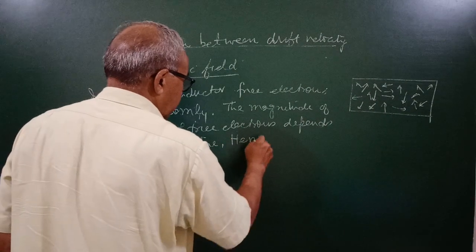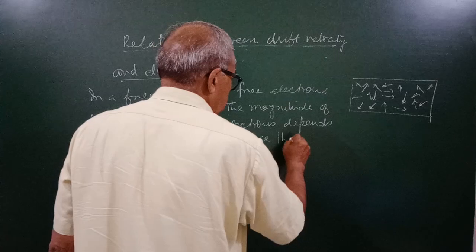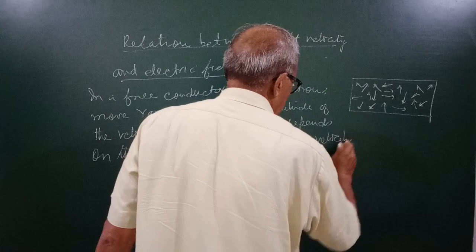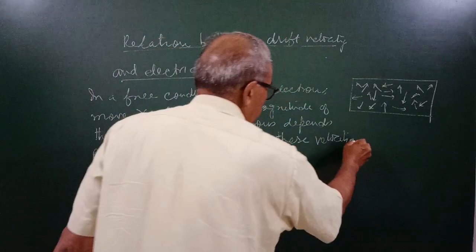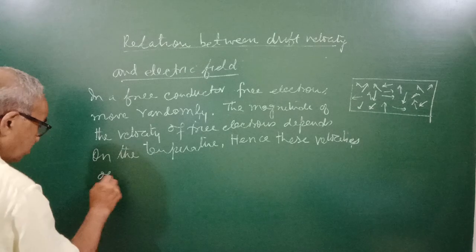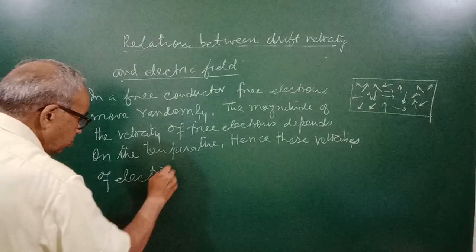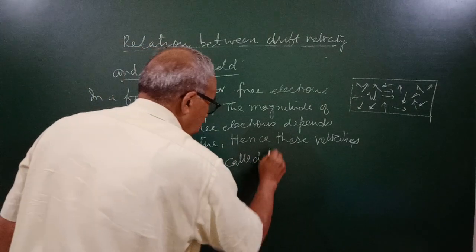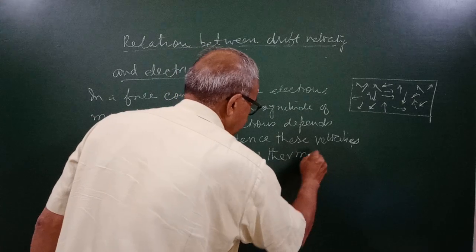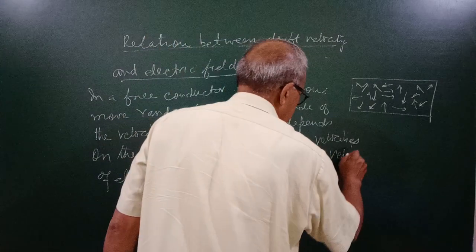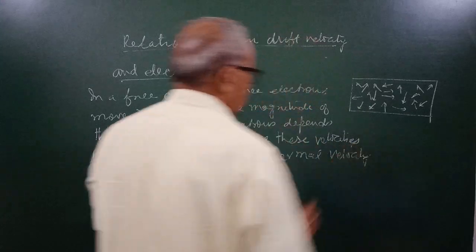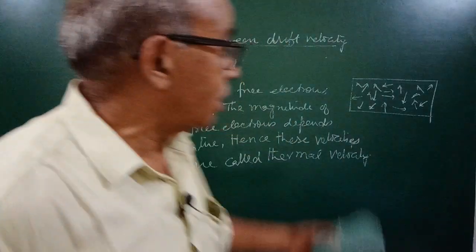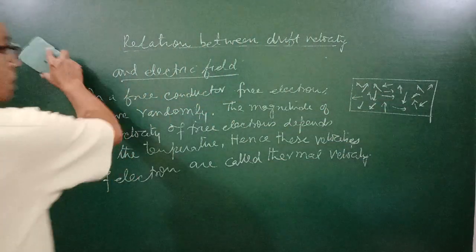Hence, these velocities of electrons are called thermal velocity. That velocity is temperature dependent, right? As the temperature increases, the random velocity magnitude will increase.